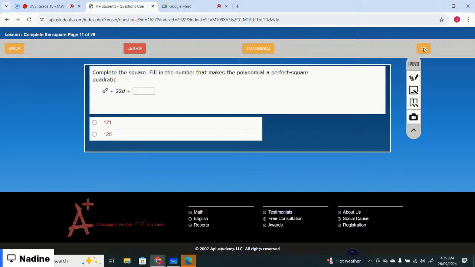So the missing number is, you need to add 11 square, right?